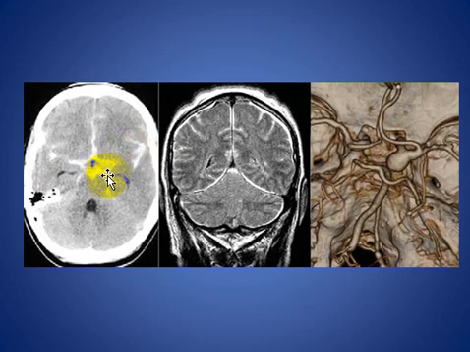And we see here what looks like a soft tissue density surrounded by blood, and this is the CT angiogram. This patient has a posterior communicating artery aneurysm.